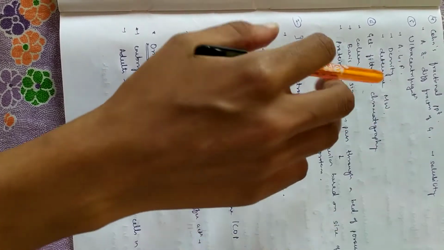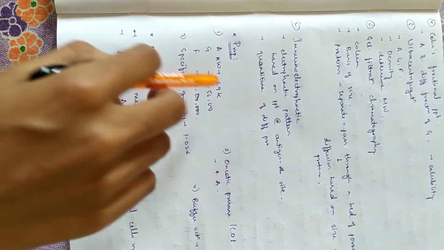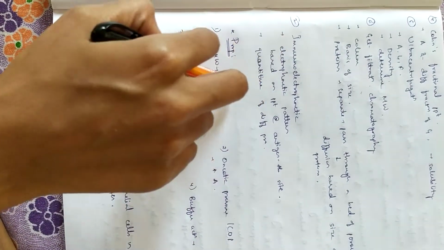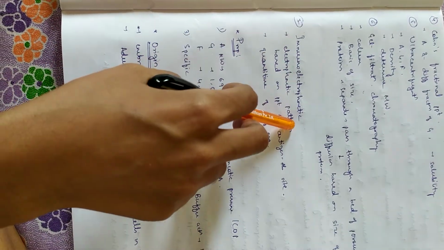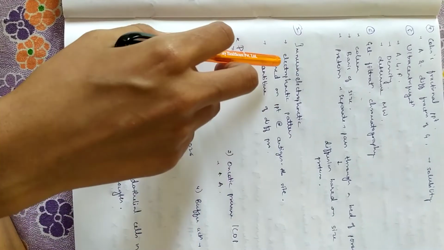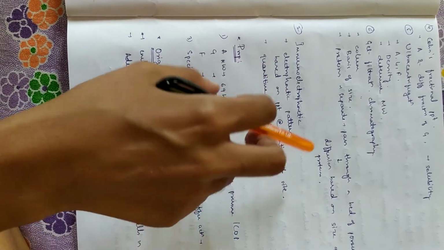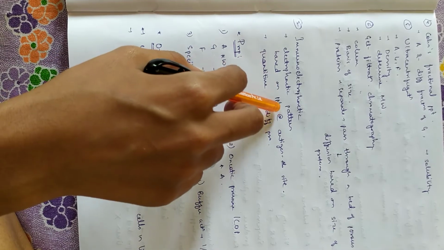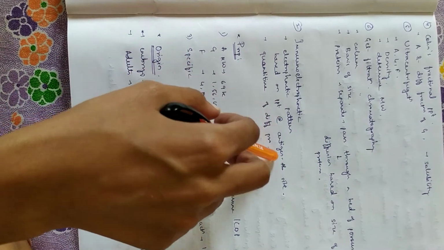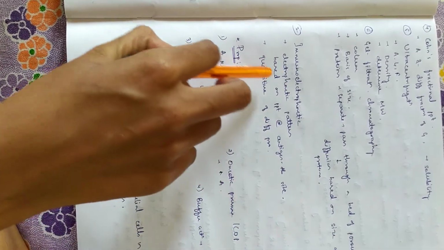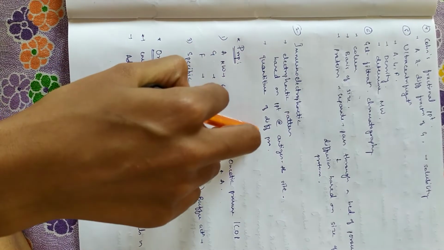Based on this, we can separate different proteins. The seventh method is immunoelectrophoretic method, which is based on electrophoretic pattern and precipitate at antigen antibody site. It helps in quantitative differentiation also.